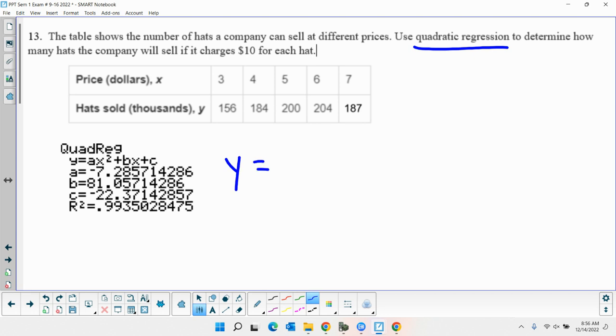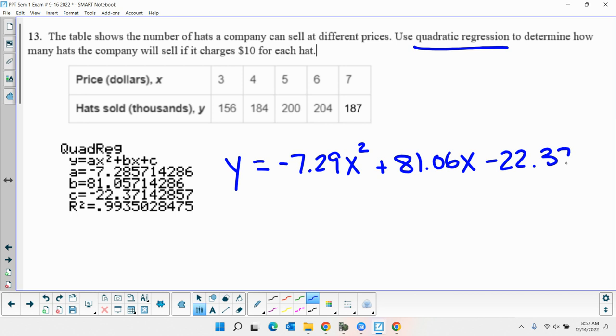Y equals A is negative 7.29, I'll round it to hundredths. And remember, that's x squared. B is positive 81, so plus 81.06, rounding it, x, plus c, but my c is negative, so I'm going to put minus 22.37.